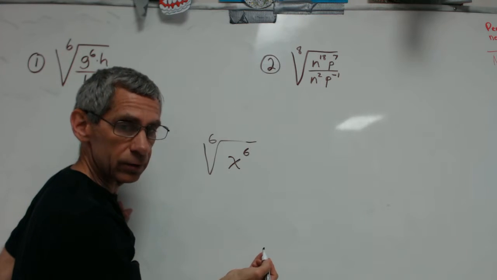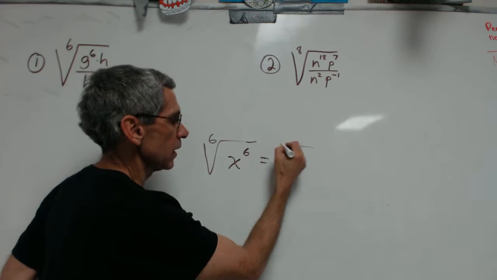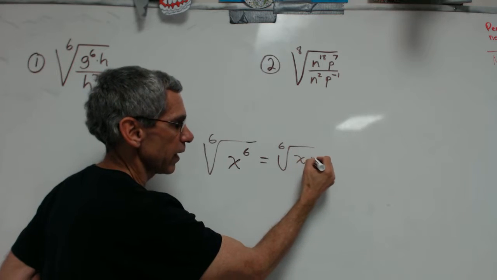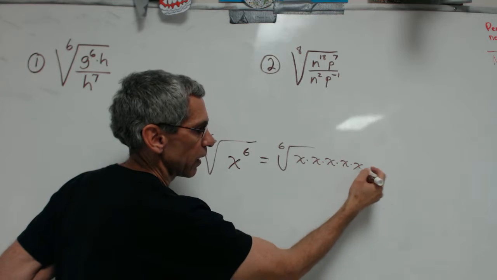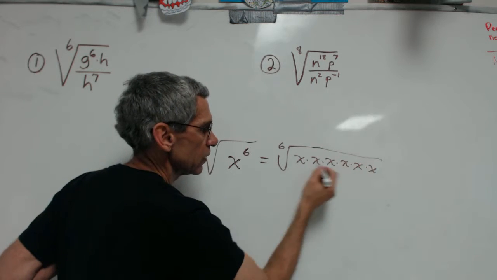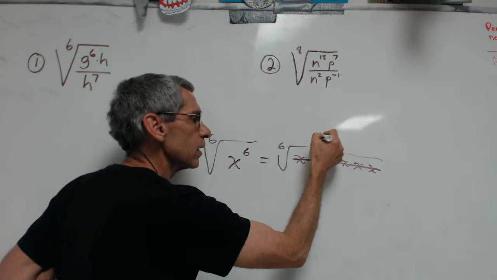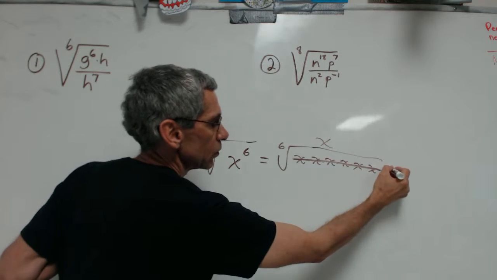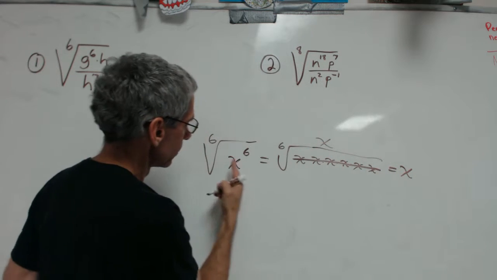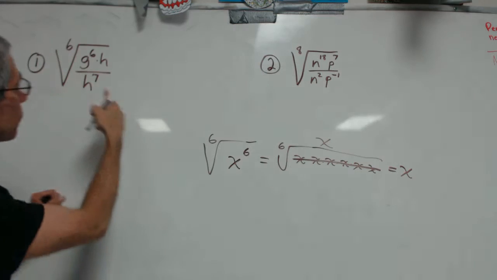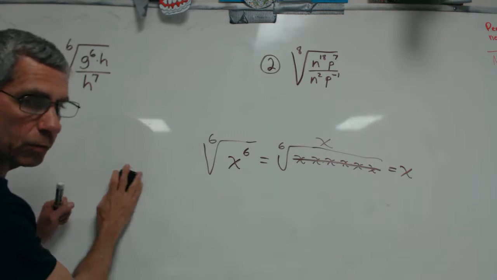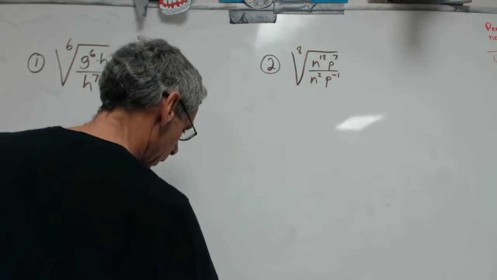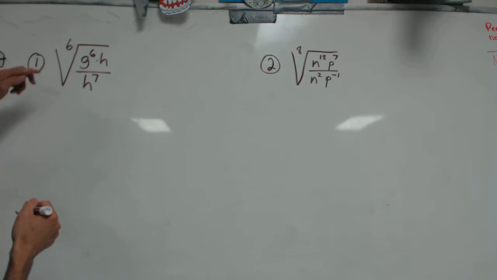Well, it's going to be x, because that's the same as saying I need 6 of the same thing, and I have 6 of these x's, right? 1, 2, 3, 4, 5, 6. So every time I have 6 of them, it can come out as 1 x. So my final answer would be x for this. Okay, so we're going to use that principle in these problems. I hope that makes sense. This is kind of a quick thing, but hopefully it's useful.